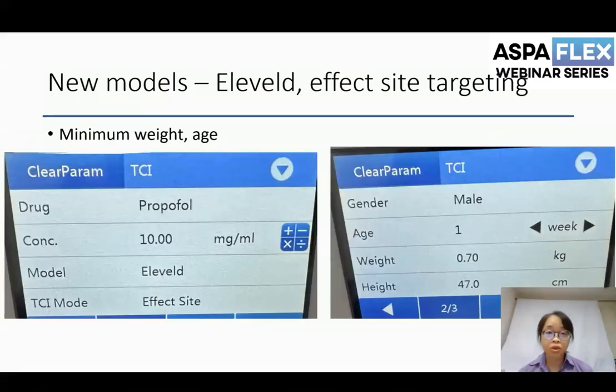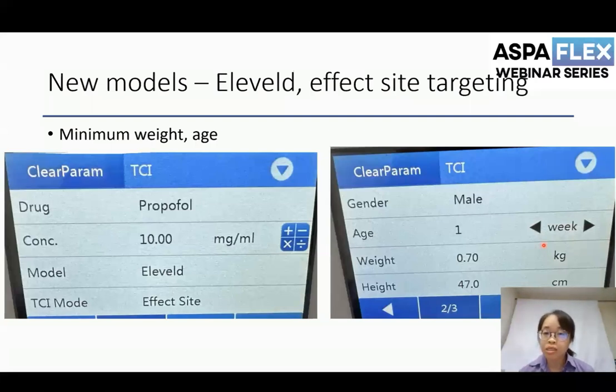Okay, first off, to show that this model is an effect site targeting, and this is the interface where we plug in the effect site model, concentration of propofol. Minimum age is in terms of weeks or years, 1 week, but we do it in less than a week as well. Just keep it as 1 week.